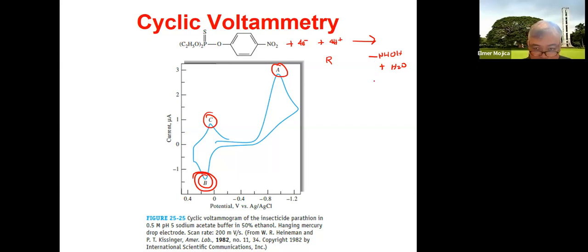So whatever you form here, it's going to produce now NO. So you lose one of the hydrogens there. Okay. So in addition to that, you produce H plus and 2 electrons.